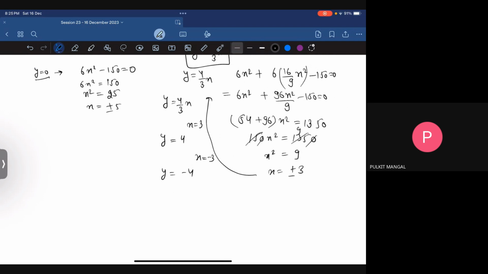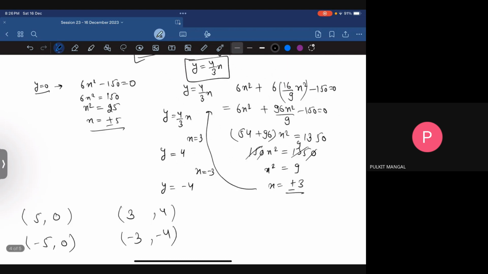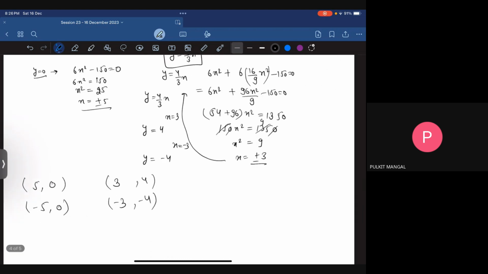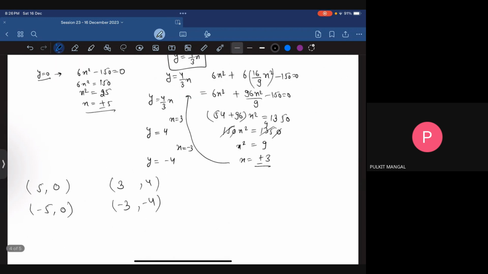On y = 0, we got two values of x, that is positive 5 and negative 5. On x = ±3, we got y to be positive 4 and negative 4. So these four are the critical points. On solving the above two equations, we got these four points.